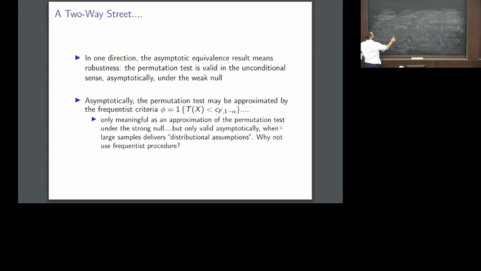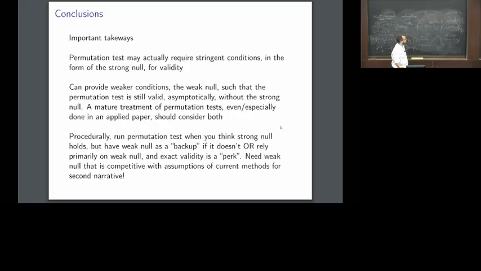As long as you're using the quantiles from this procedure and your test is valid, it works. But we should be a little critical, because if your test is valid, you would expect it to match the frequentist procedure, and you're relying on asymptotics. So at this point, why not just directly use the frequentist procedure? The idea of using it as an approximation is a little poorly motivated. That's something to think about and be critical of.